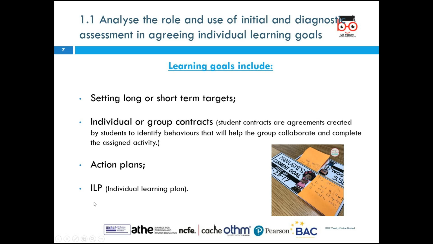Individual learning plans are just that, they're based on the individual, so they're student by student. They'll be focused on the action plans, looking at fractions and decimal points, but they'll be saying how is this student going to learn this? What steps are they going to take to be able to learn fractions and decimals in maths?